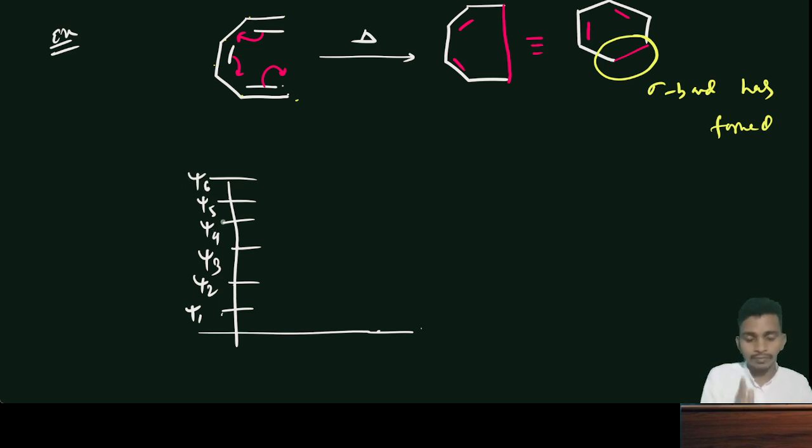Okay, now we don't need to look at all those energy levels, because only the frontier orbitals participate in the reactions. We can draw all these things, but the main thing is that only the frontier orbitals participate in the reactions. So it is good to represent only the frontier orbitals.